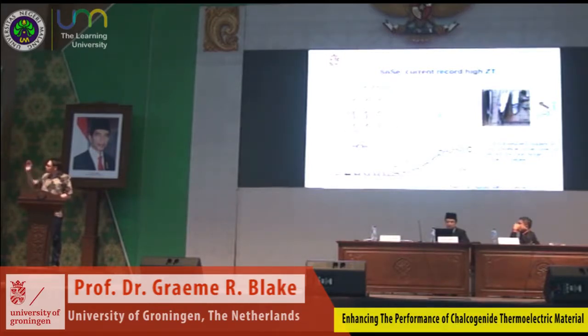Now, although this has been reported as a world record ZT, there have been many groups who have tried to reproduce these results, especially in polycrystalline samples, which are favorable for large-scale bulk processing. But unfortunately, ZTs of only less than 1 have been produced in polycrystalline samples. So there's a lot of ongoing work there to see if this is really genuine. If so, it can probably be very usefully used as a bulk and a much cheaper thermoelectric material. Next, please.